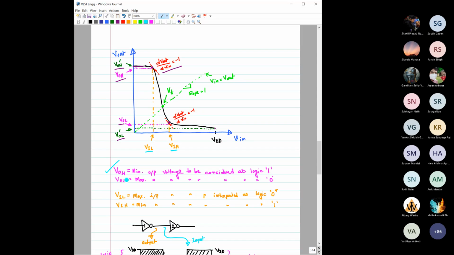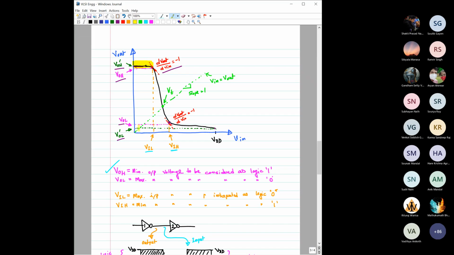So, what is VOH? As you can see from here, when you are discussing this VTC, anything above this VOH, we will consider as logic 1 in the output.